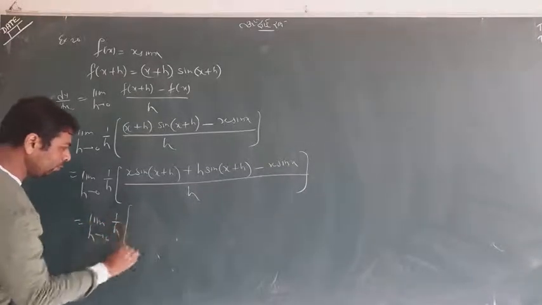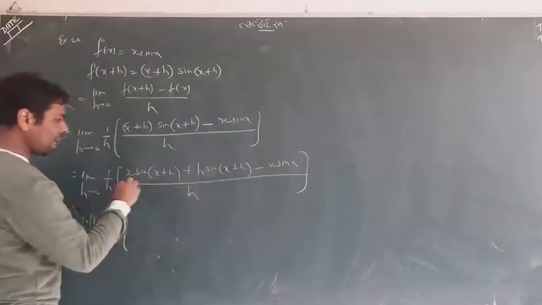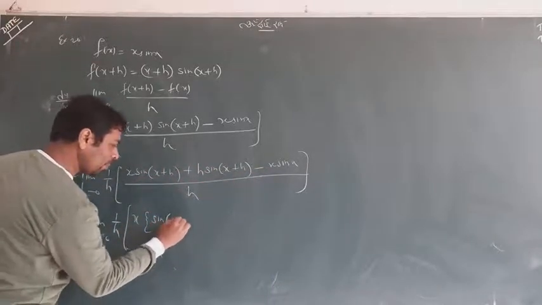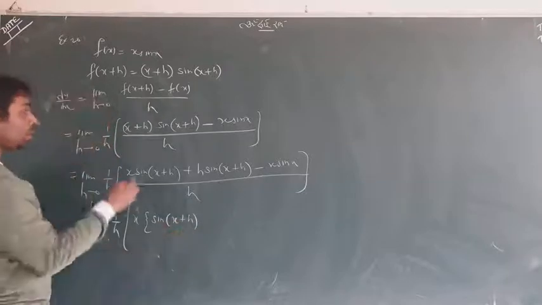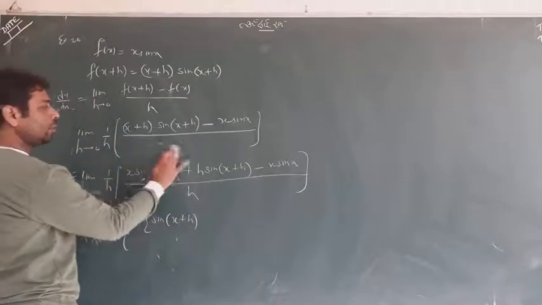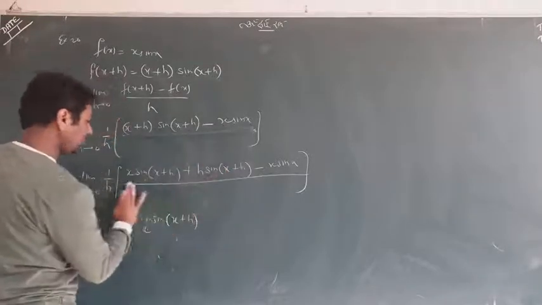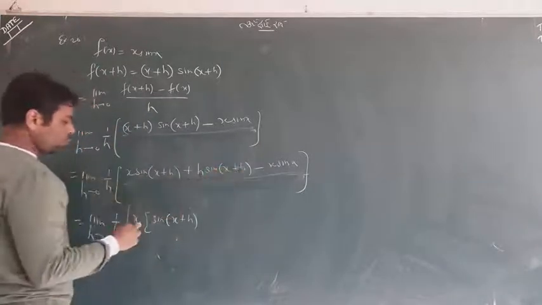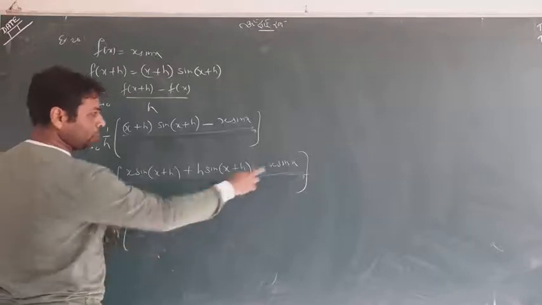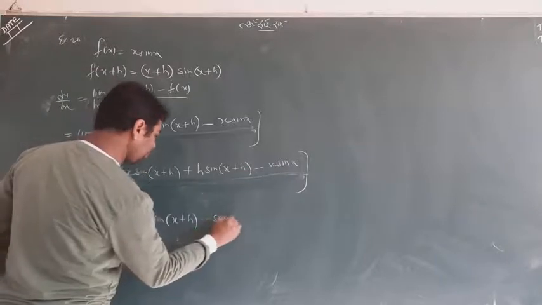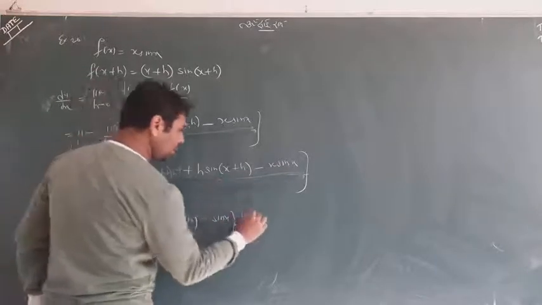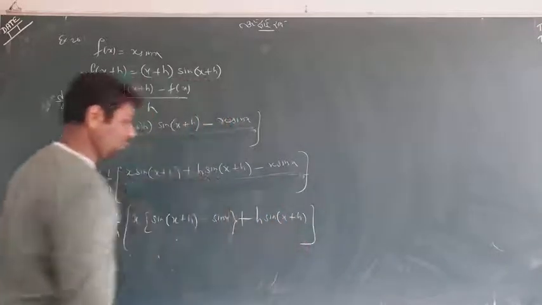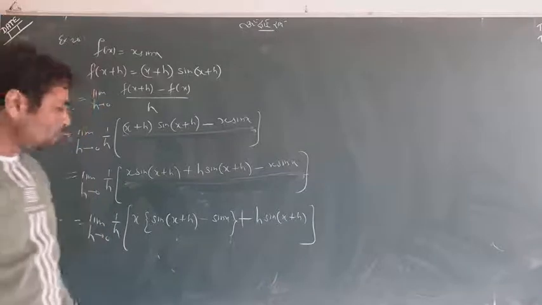Now what I will do, these two terms are having x, so I will take x common. So what remains? Sin x plus h. This h I already have written here, need not write h here. Okay, x and x, I took common, sin x plus h minus sin x will be remaining, and only h sin x plus h is coming here. What I will do now, I want to separate the limit.